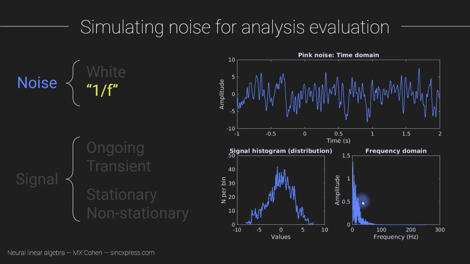So this gives a 1 over f shape, where f is frequency, in the frequency domain. And this is interesting because that generates more realistic looking data. So you will learn, for example, in the next section of the course, that one of the primary features of real electrophysiological data is this 1 over f shape. This is the key feature of these data we are looking for.